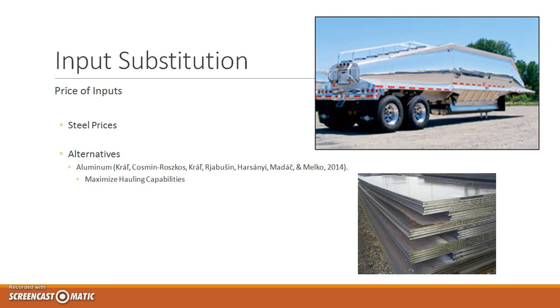The reason aluminum is so popular is because it is a lighter metal and it's been relatively cheaper than steel, but the lightness allows the consumer to haul more product. So this is maximizing their hauling capabilities. That is huge for a company to be able to allow their consumer to do more of their product just to increase that market share.